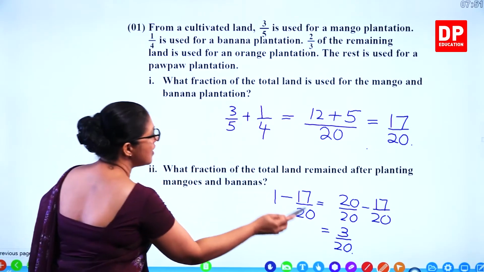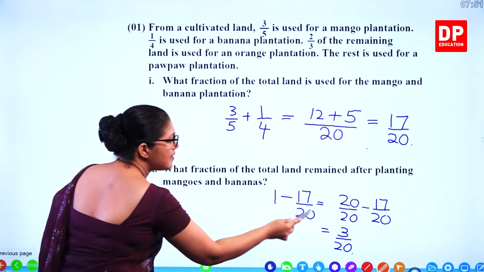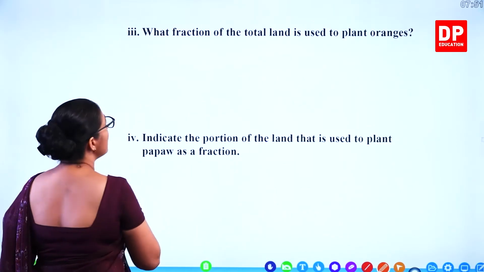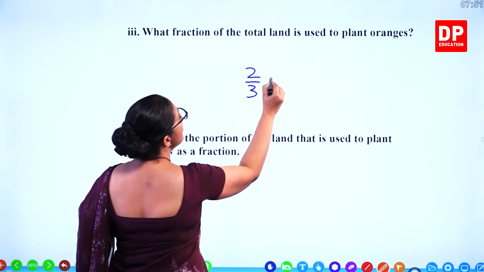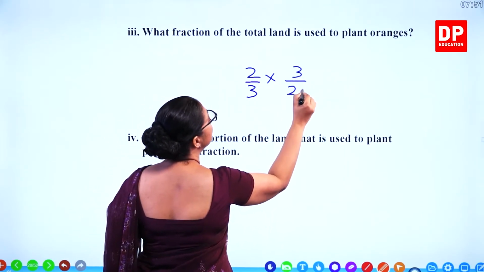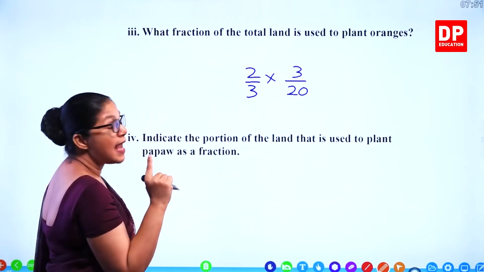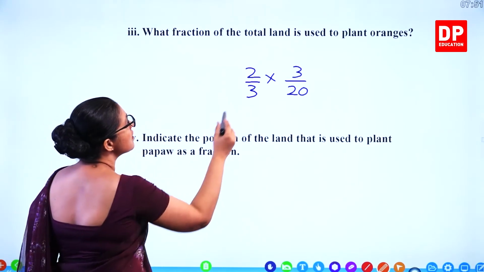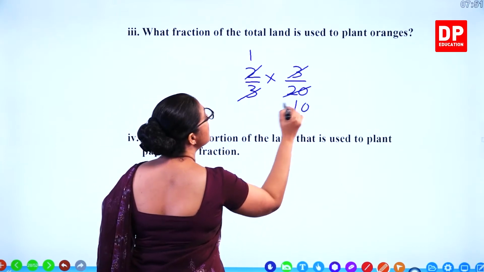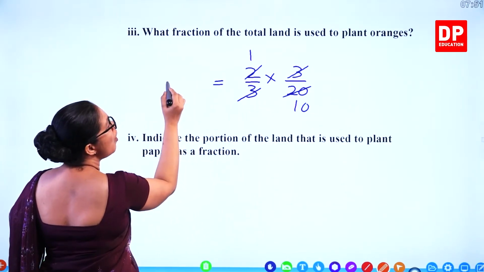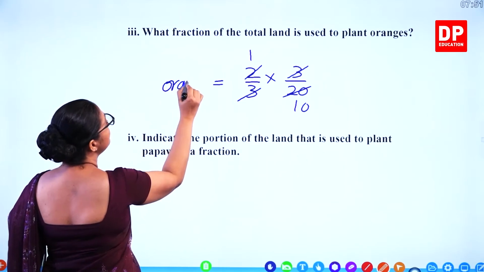So 2/3 of the remaining part, which is 3 over 20, is what you need here. So 2/3 of 3 over 20 is the land used to plant oranges. The 3 and 3 cancel, leaving 2 over 20, which is 1 over 10. So this is for oranges.